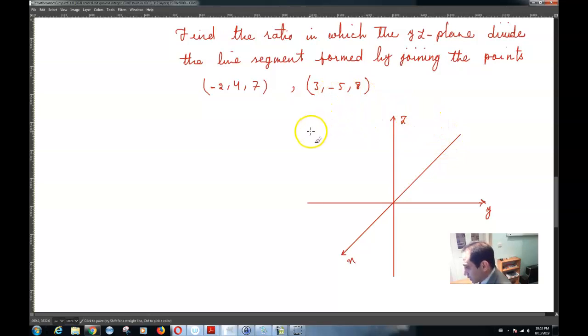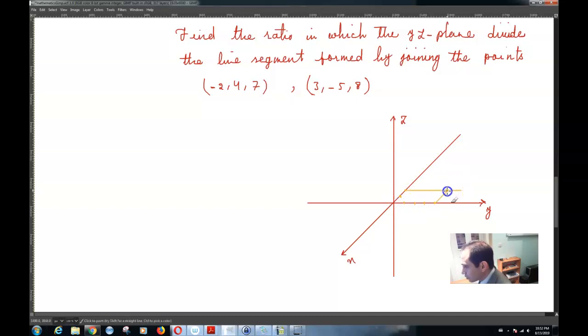So I didn't understand that question, and of course I didn't do it over here in these videos. But let's see if the line segment joining these 2 points actually goes through the YZ plane. Basically the x-coordinate of this point is -2, and 4 over here, 1, 2, 3, and 4.